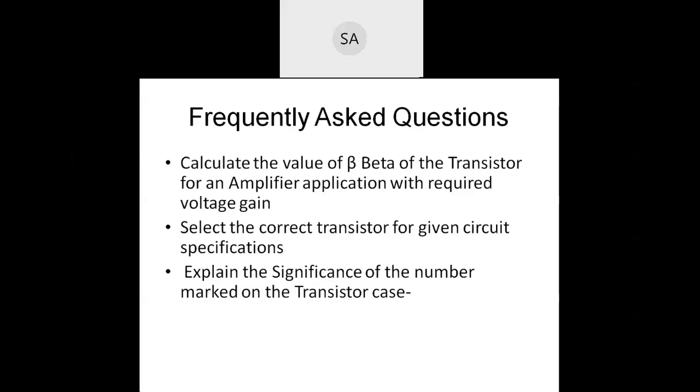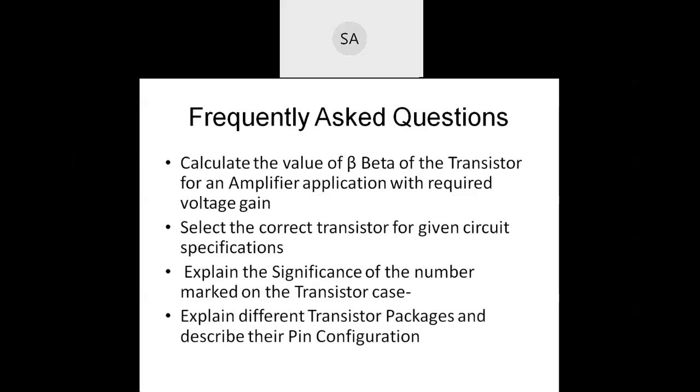And the second letter: G is detection diode, D is variable capacitance device, C is transistor for AF application, D is power transistor, Y is rectifying diode, F is for radio frequency application. Like that, we have to indicate the numbers marked on the transistor case. And explain the different packages and discuss the pin configurations. So these are the different types of questions that can occur from the exam point of view.